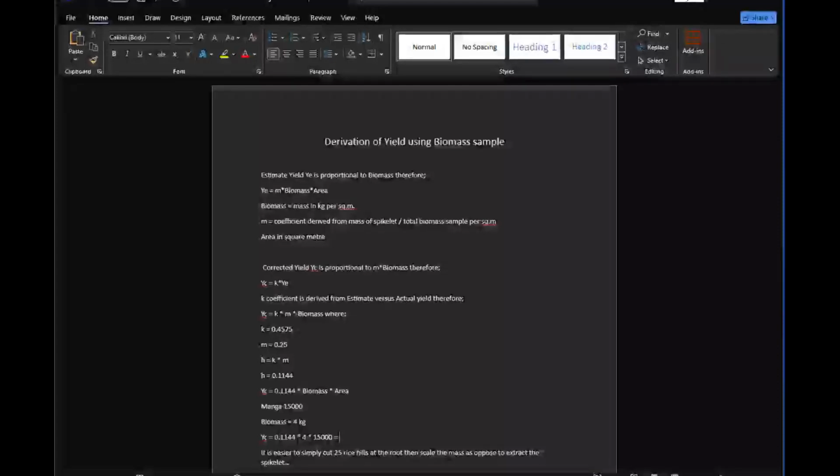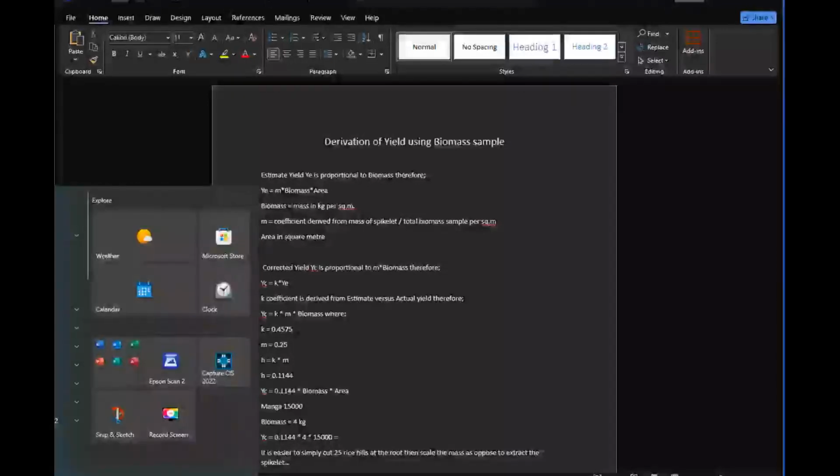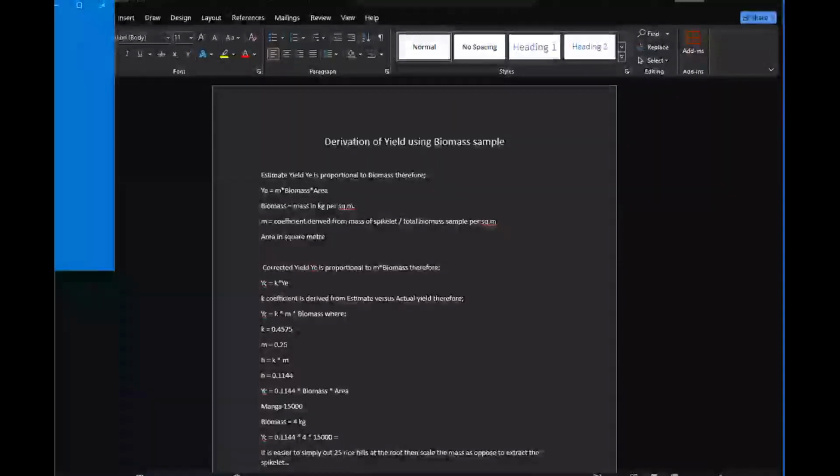Let's do a calculator. Where's my calculator? Yeah, this computer is way too old. Everything is so slow.